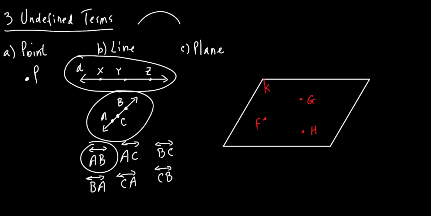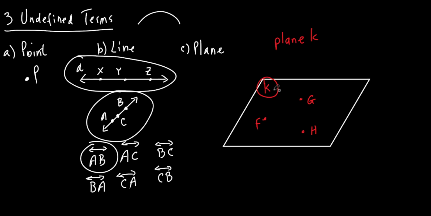Make sense? All right, so we have 3 points right here, so that makes up a plane. We don't have a fancy symbol like right here for a plane. We actually just write the word plane. So you could call this 2 different things. You could call it plane K, if you use the lowercase letter up in one of the corners, that'd be fine.